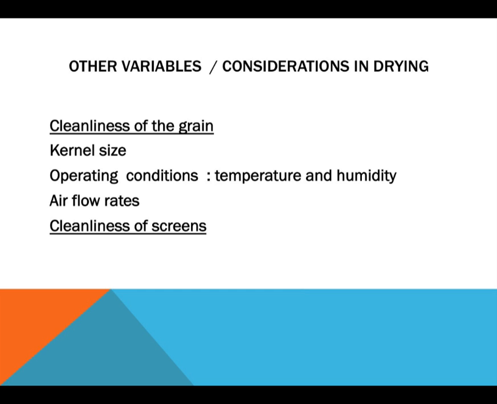Also, having the grain clean allows for better airflow, which allows you to do a more uniform job of drying. Kernel size, operating conditions, of course temperature and humidity have an impact, airflow rates, and I put this in and underlined it, the cleanliness of the screens.